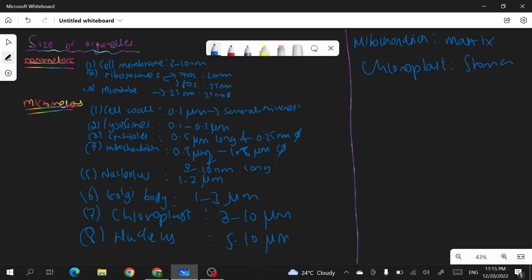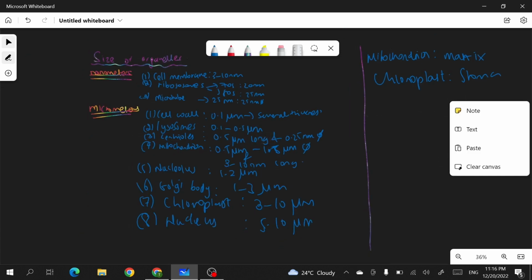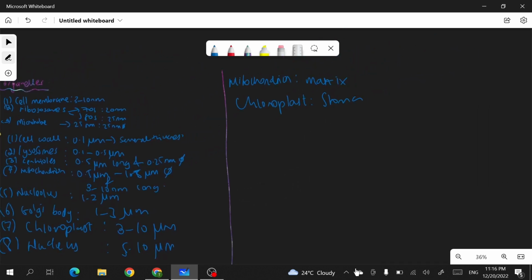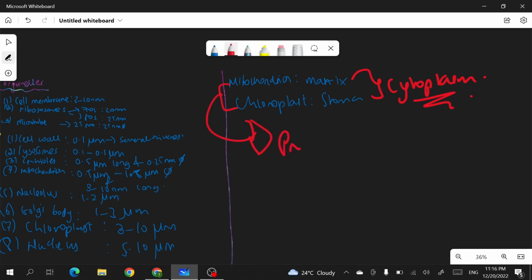These are both actually cytoplasm, more or less the same, though not 100% the same. And you need to know that these two produce ATP.